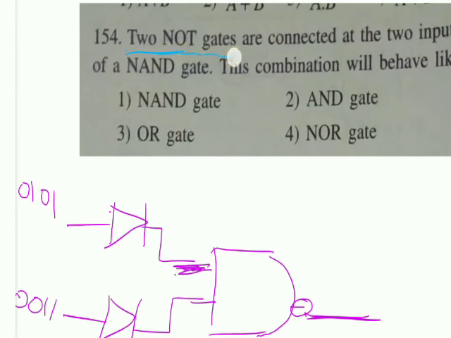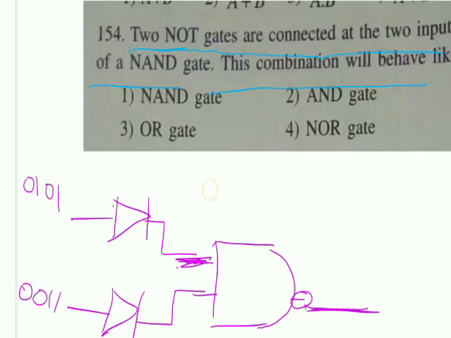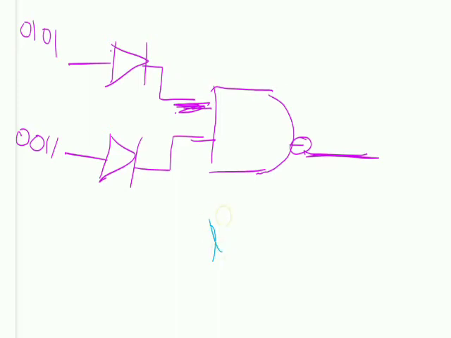Two NOT gates are connected at the two inputs of a NAND gate. This combination will behave like: okay, two NOT gates connected at the two inputs of a NAND gate. This is the NAND gate, two inputs connecting a NOT gate. This is also a NOT gate.